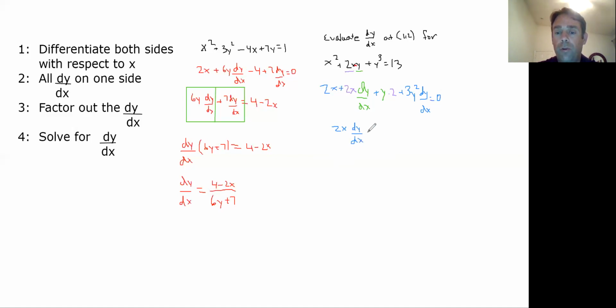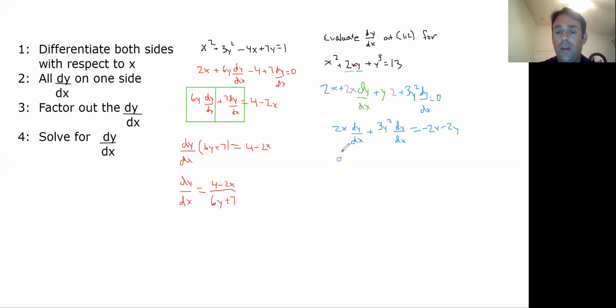I have 3y squared dy/dx. And on the other side then, the 2x got moved over, so that became a negative 2x. The y times 2, the 2y got moved over, so that's a negative 2y.